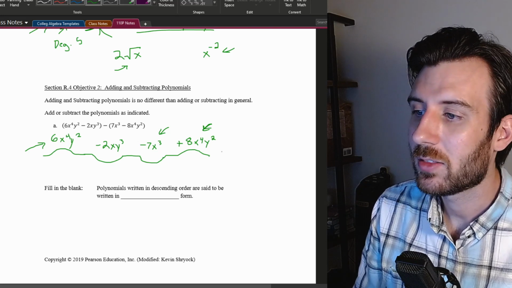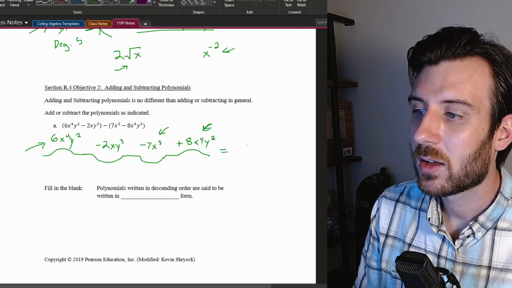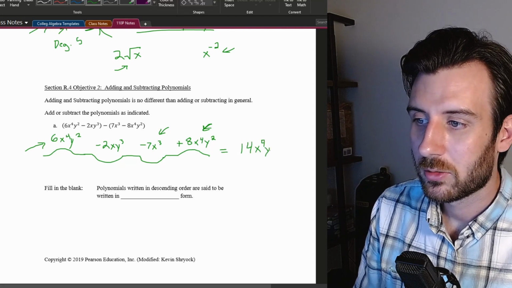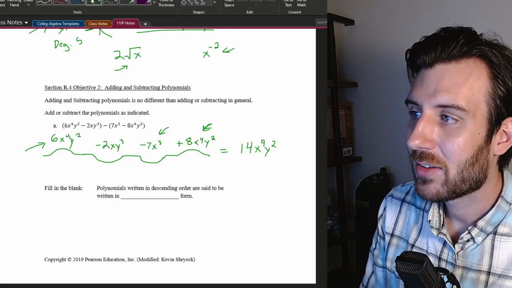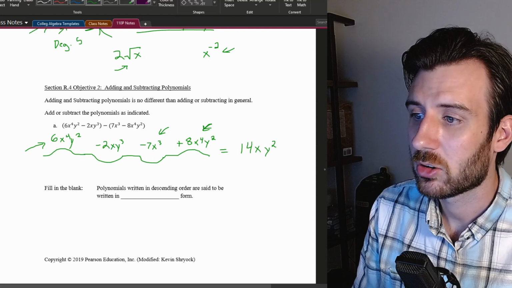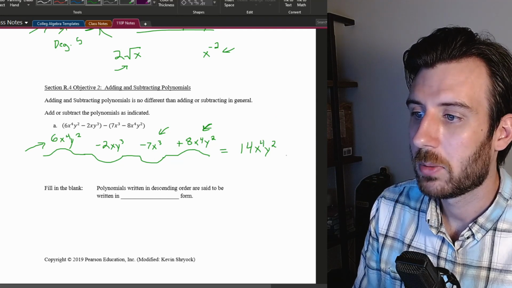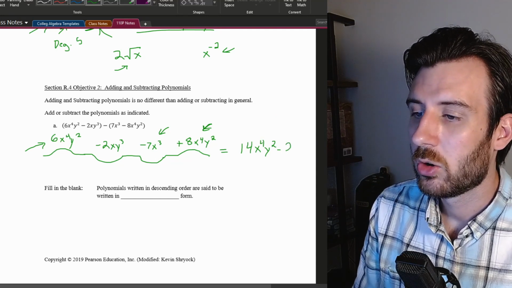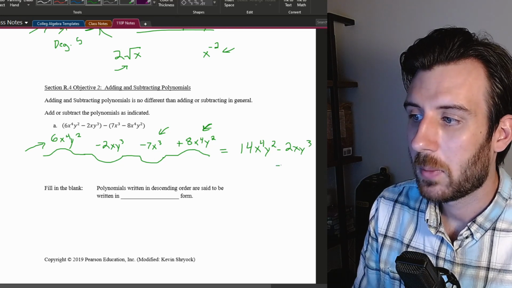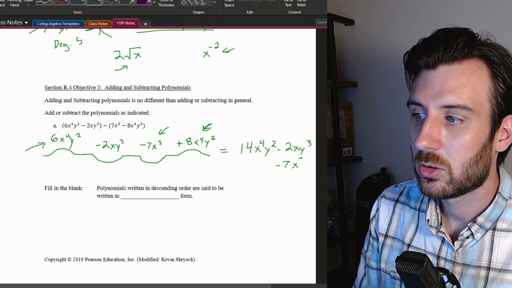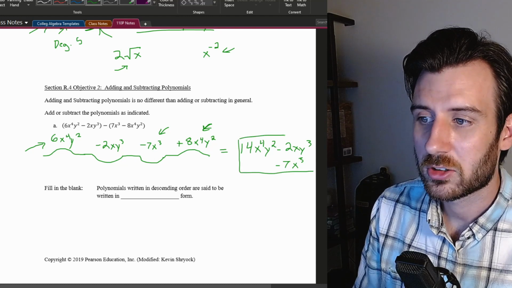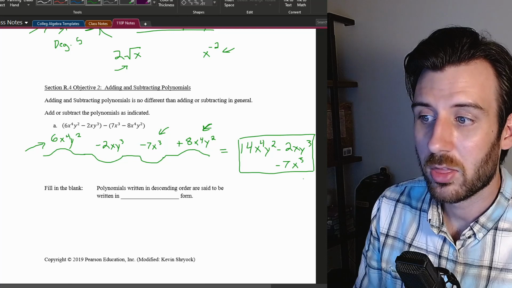So I could rewrite this entire thing as saying I have 14 x fourth y squared piles, and then I have everything else that I can't combine because I just don't have enough information. So x fourth y squared piles, and then I have minus 2xy cubed, and I have minus 7x cubed. So that's going to be the simplest I can get this. It's just an expression like this.